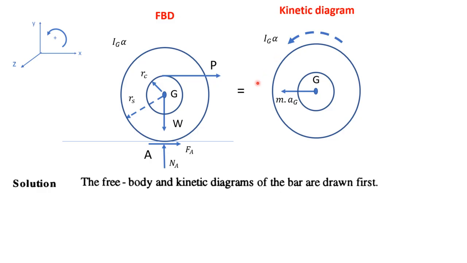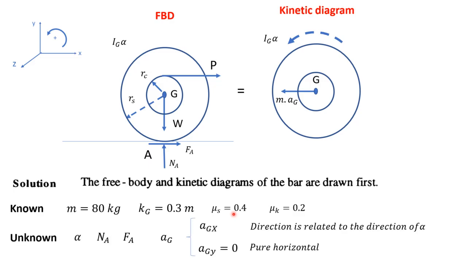Now we're going to start our calculation by listing first what known values we have. So we know the mass, we know the radius of gyration, we know the coefficient of friction for the static, and coefficient of friction for the dynamic. So the unknowns are going to be the alpha, the NA, the FA, and the AG can simply be assumed, if we're going to have no slipping, that we're going to have an AGX.